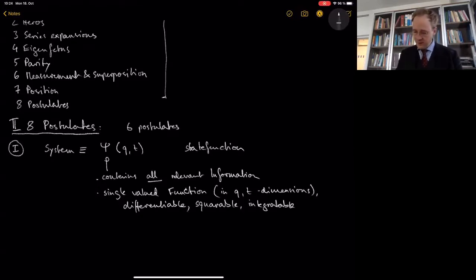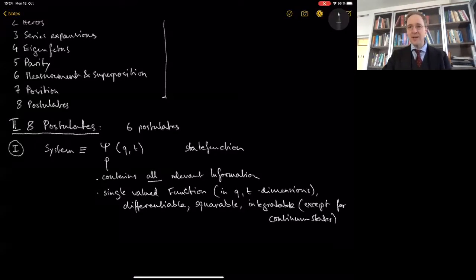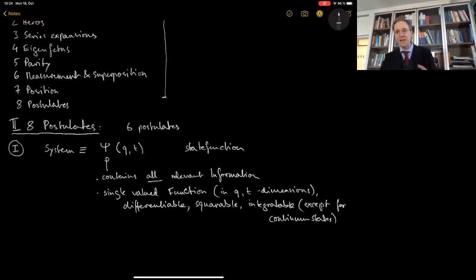Right. Now, the latter holds true except for continuum states. Think about a continuum state as a state where an electron would leave your system. Mathematically speaking, your wave function goes to infinity, so it's not finite anymore, and you cannot integrate it.